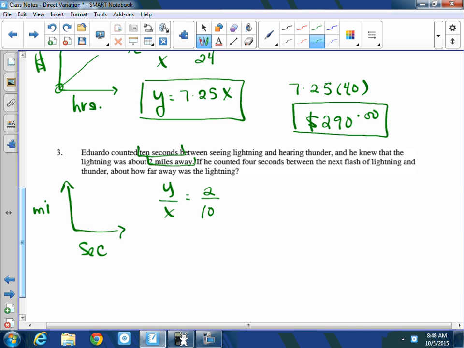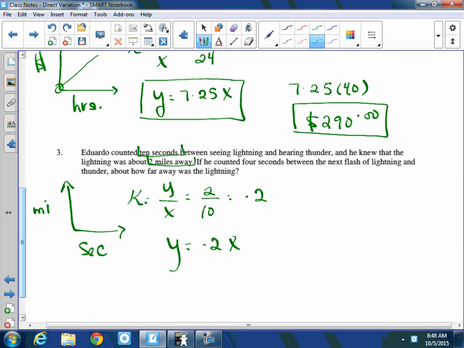So what does that mean? 0.2, which is 1 over 5. Now this is your constant of proportionality, which is your slope. Very good. So what's my equation? 0.2x. There you go. That's all you're doing. There's no plus or minus anything. It goes through the origin.